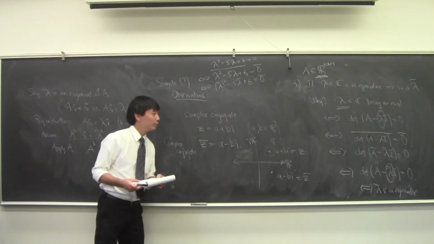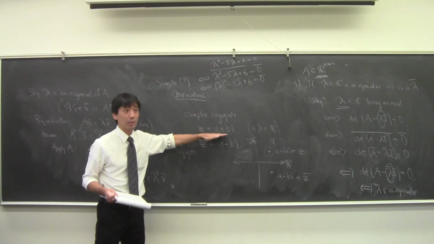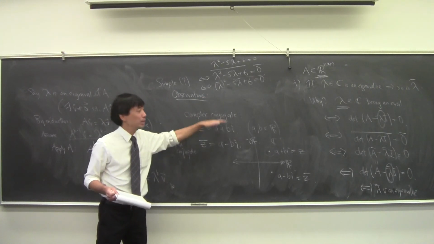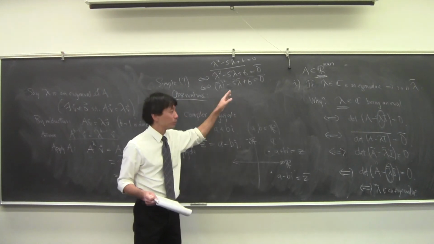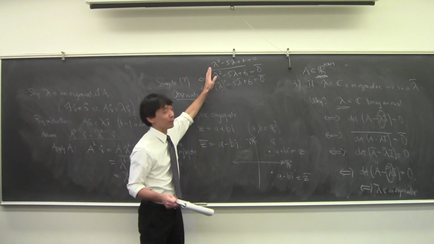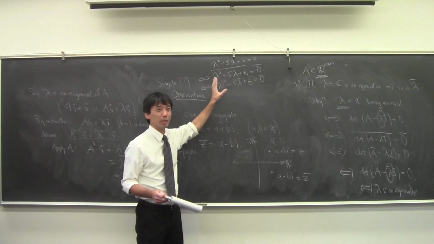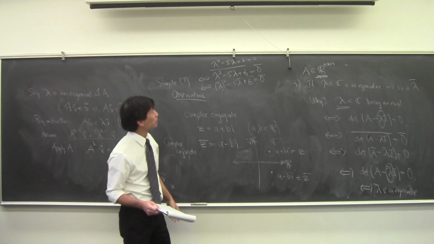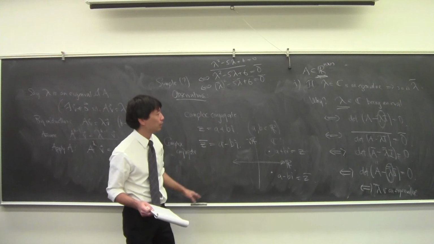Now I'm cheating you to some degree because I'm using a simple property of the complex conjugate, but I didn't really explain it. So maybe you have to sort of trust that this sort of thing is true. But it's not hard to say.